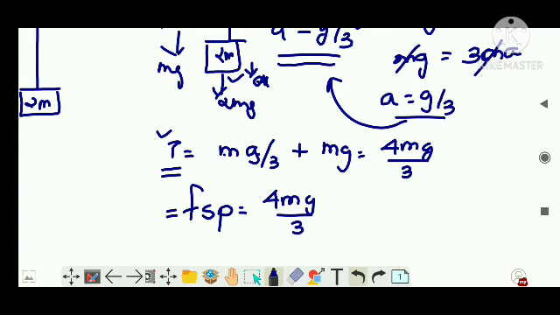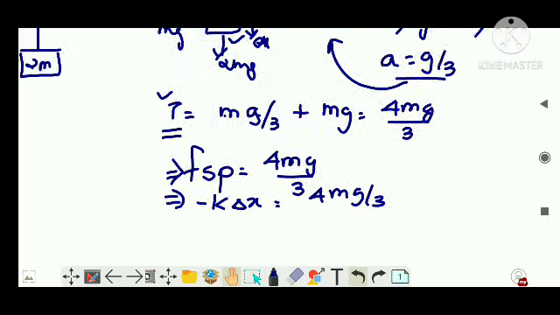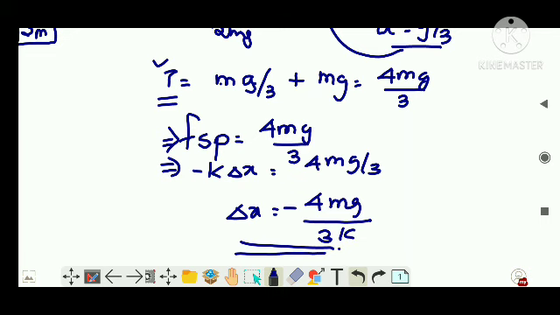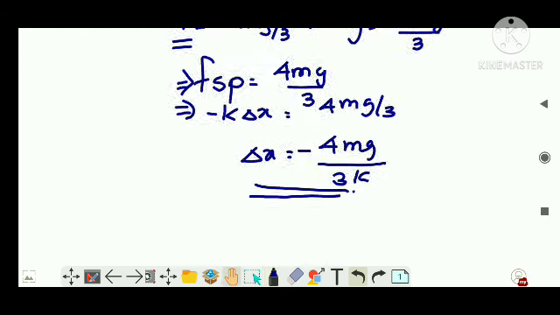And FSP's equation, remember, is minus k delta x is equal to 4mg by 3, that is, delta x is equal to 4mg by 3k. That is a minus, that is, the displacement, or now you can say extension, is in downward direction. Happy, right?